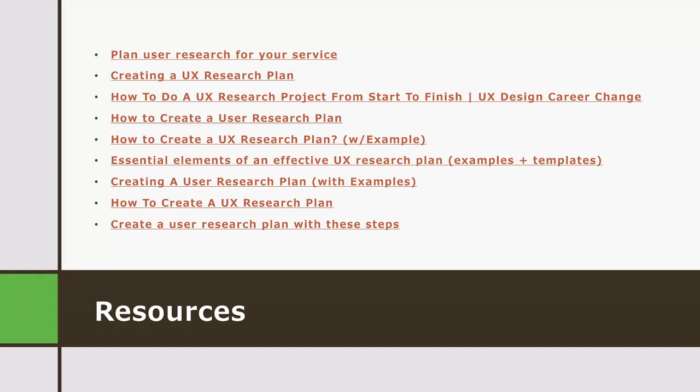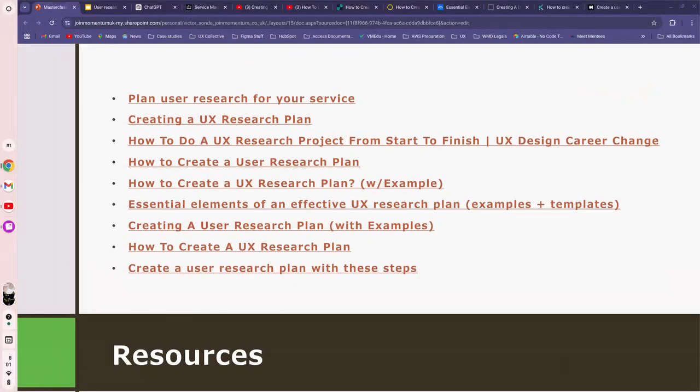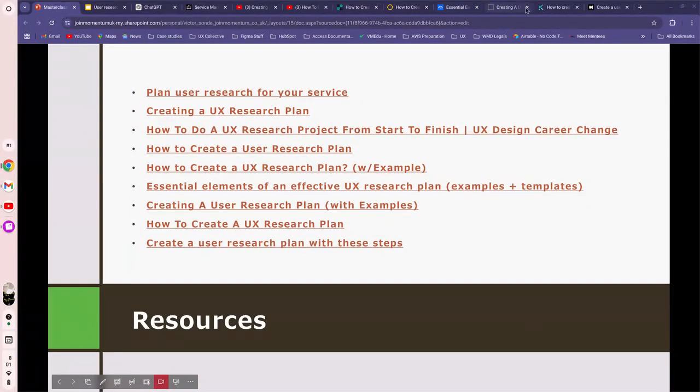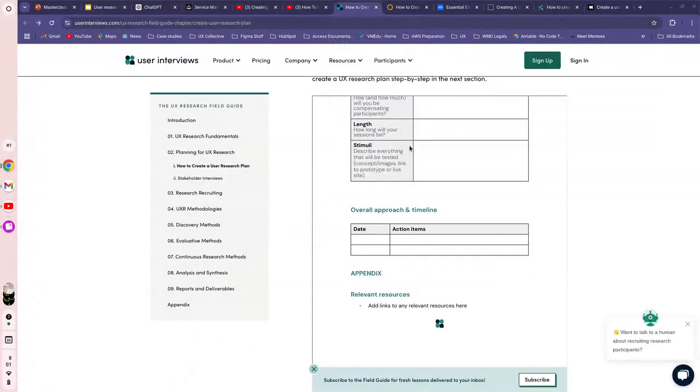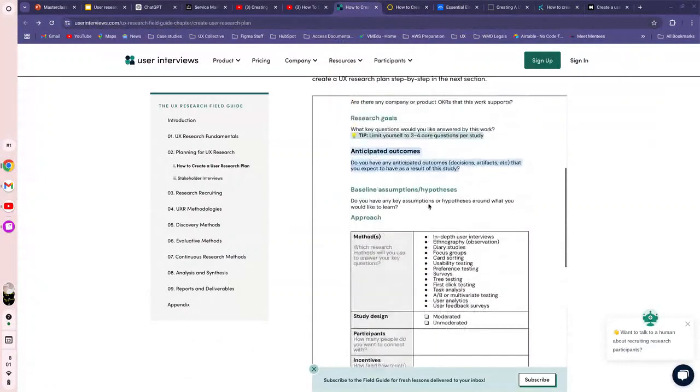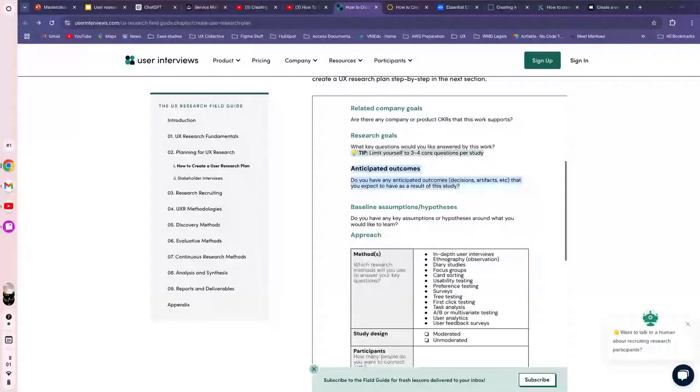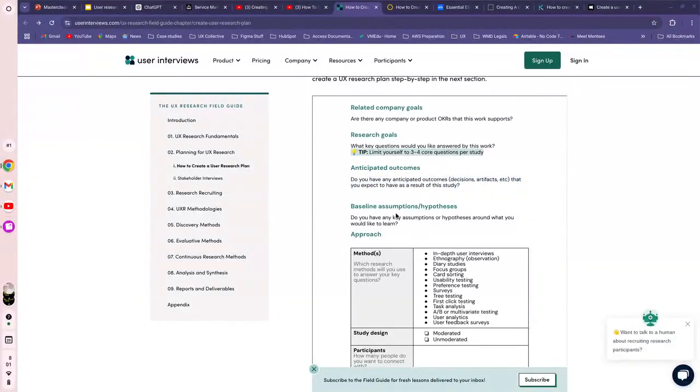If you have an idea, you do your research to validate the idea. If you remember, I was showing you something. Let me see if I have it open. If you look at user interviews, in this section there's something they said around a hypothesis. It means that we have an idea.